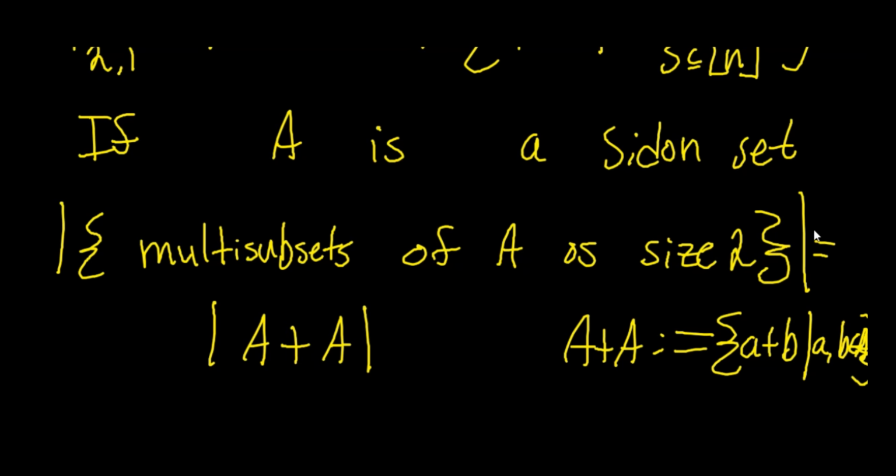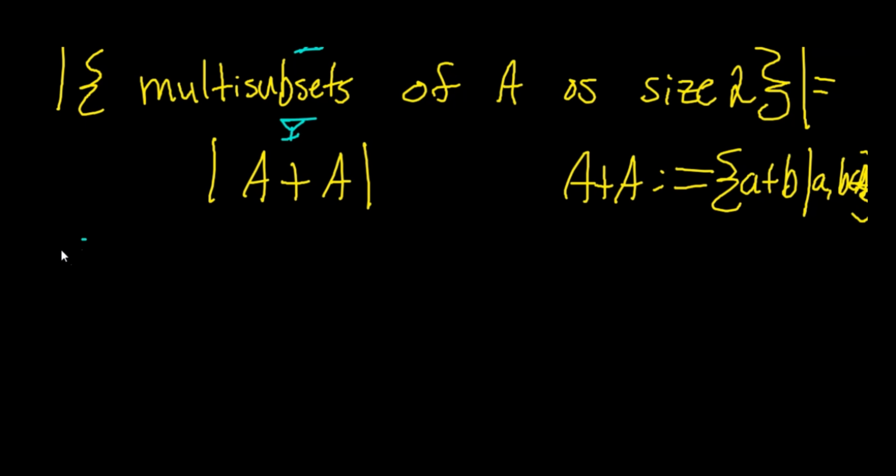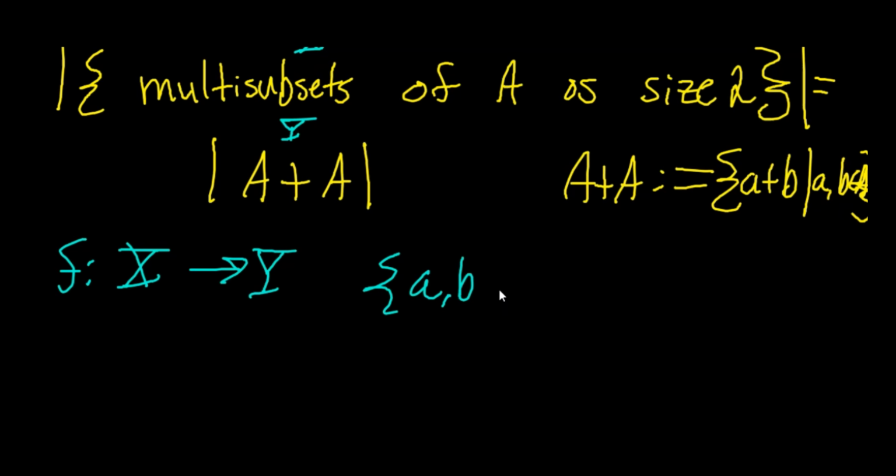And so to prove this, we can create a bijection between these two sets. Let's call this set X and this set Y. And this bijection F, which sends elements in X to elements in Y, is defined as follows. It sends a multi-subset of A of size 2 to the sum of the elements in that multiset.